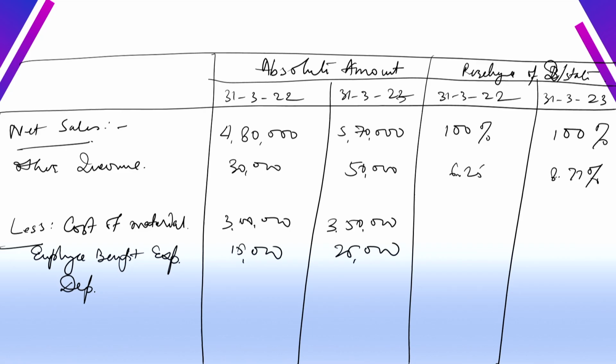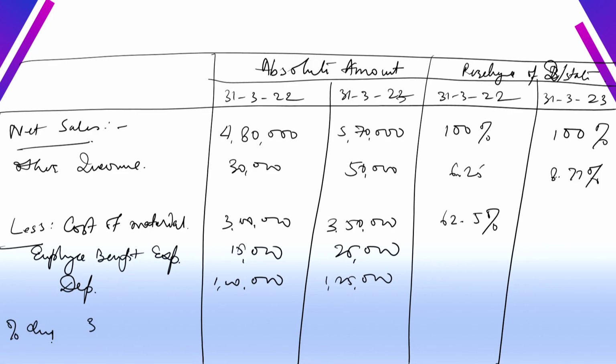And depreciation is also a big asset cost for the organization, 1 lakh for the previous year and 1,25,000 for the current year.